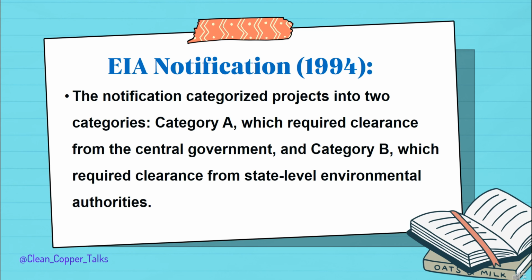If there is a big industry, or there were many rules laid down, such as if an industry is located at the boundary of two states, or if the capacity of the industry is very big, then there are many such conditions. Those industries require clearance from the central government, and hence they were covered in category A.